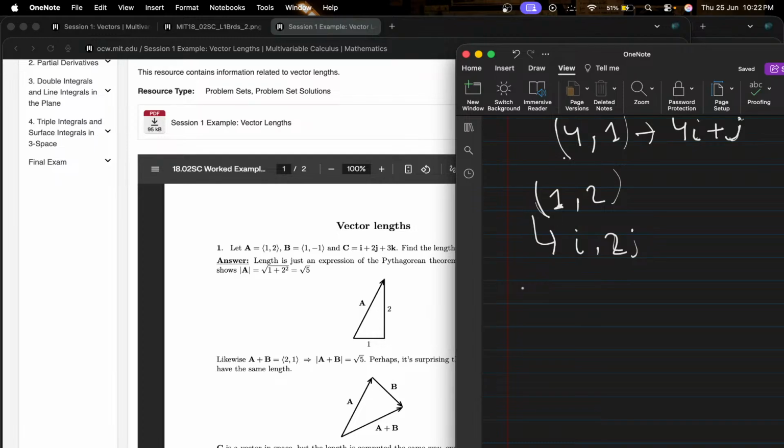Let's just say it is 1 plus 2 plus 3. So square all of this and take the root. So 1 plus 4 plus 9, 14 under root. Yeah, that was in the answer too, right? Yeah. So it's fine, I can do this.